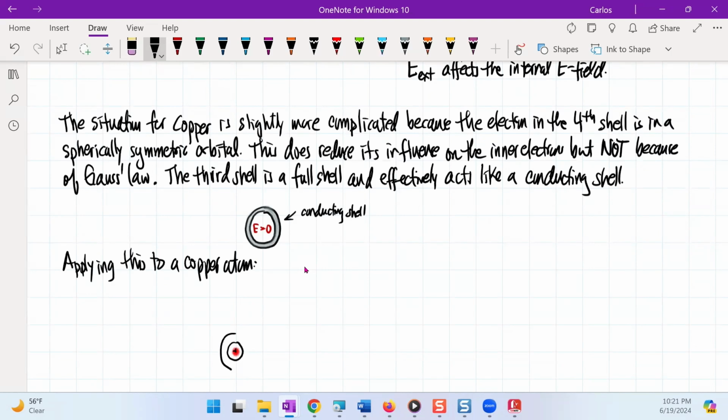If I have full shells of electrons, when I look at that third shell right here, the third shell in copper has a full 18 electrons. And these guys act like a conducting shell.